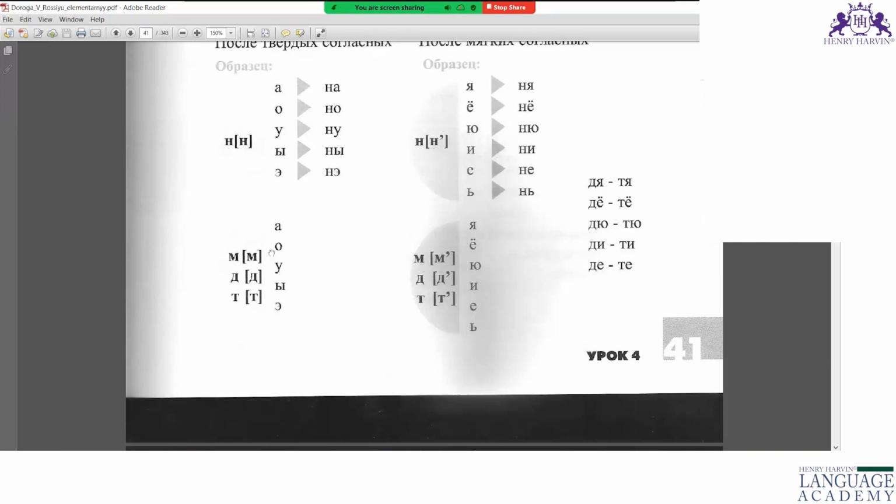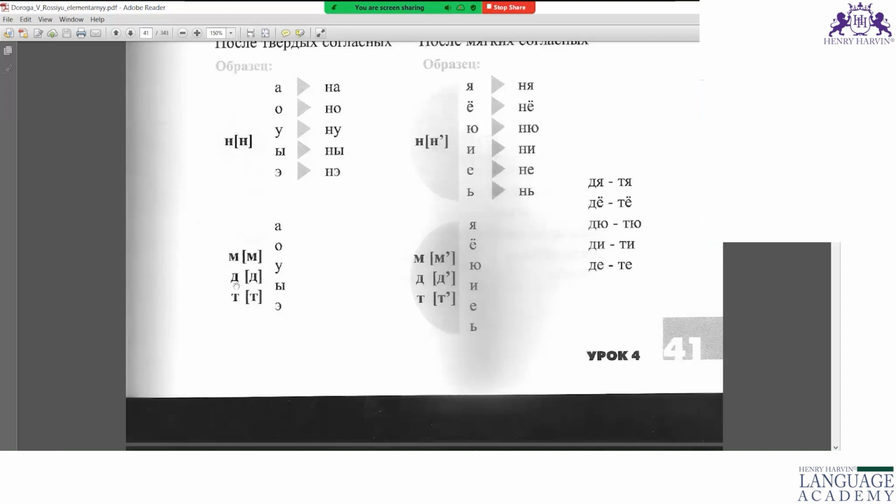Ma, mo, mu, my, me. And the soft ones: mya, myo, myu, mi, mye.